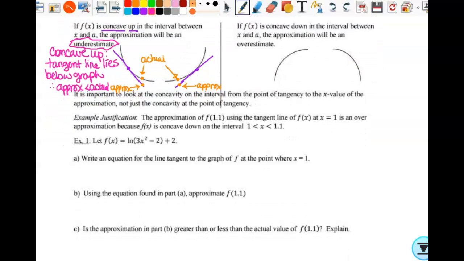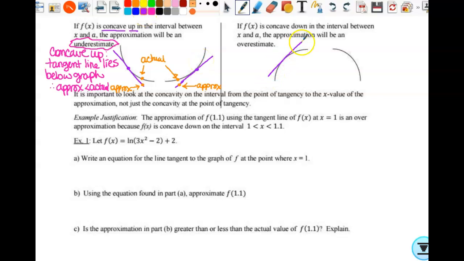If it is concave down, so notice if it's concave down, do you see how no matter where I draw my tangent line, it is above the curve? Over here, no matter where I draw that tangent line, it's below the curve, right? So that's kind of the important thing that we're looking at here.